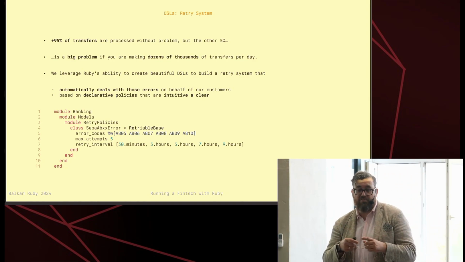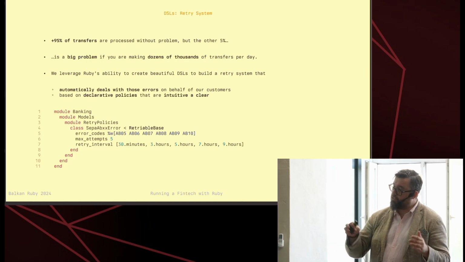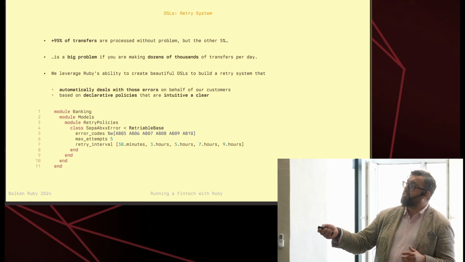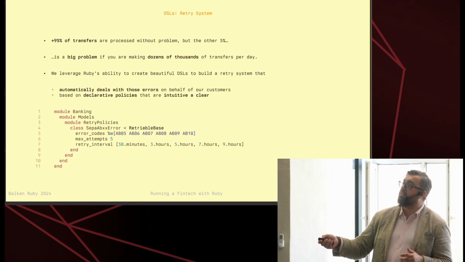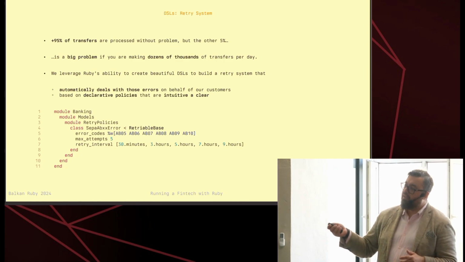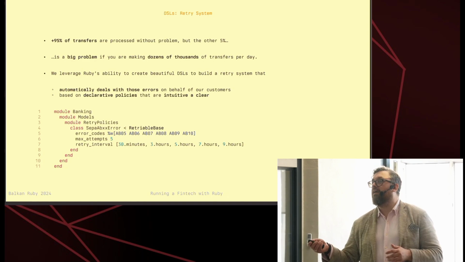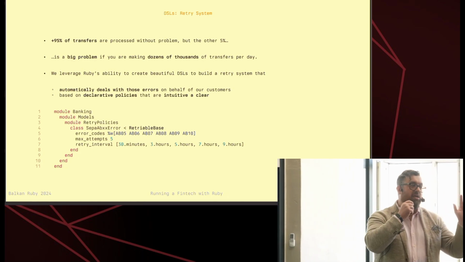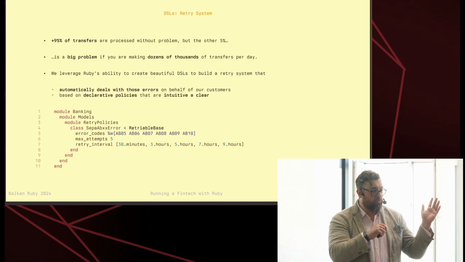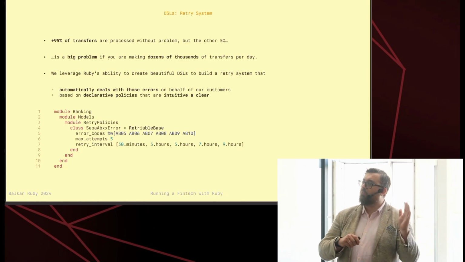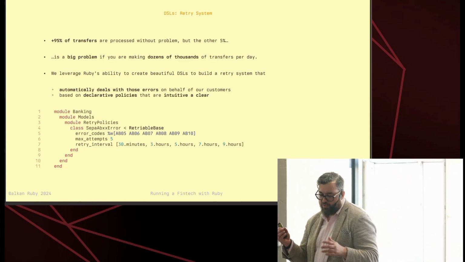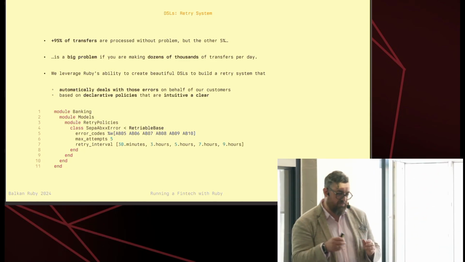SEPA, this kind of bank transfer, has a series of errors that are just called AB. Those are basically timeouts. Timeout of the originator PSP, the beneficiary's PSP, the CSM, etc. So we have a very simple way to say, if this happened, we want to do this thing for this loan with this kind of approach, if we want some kind of exponential fallback or whatever.